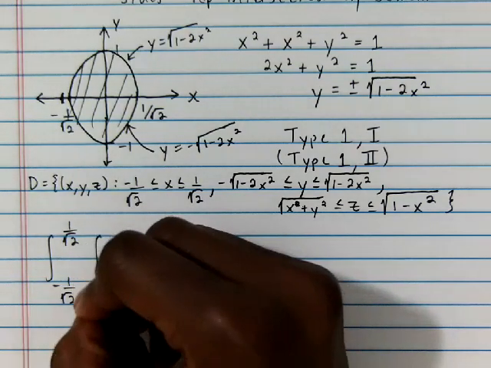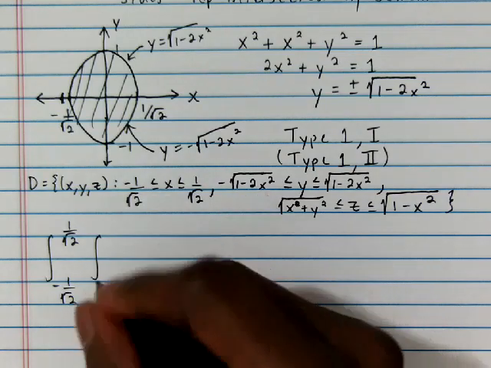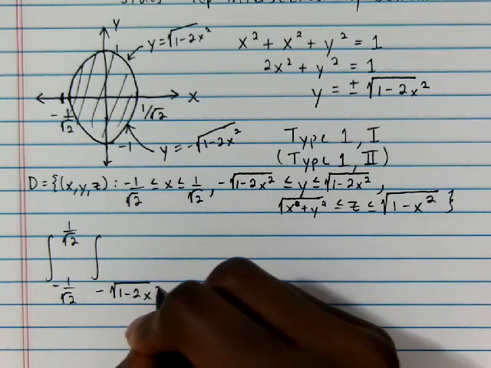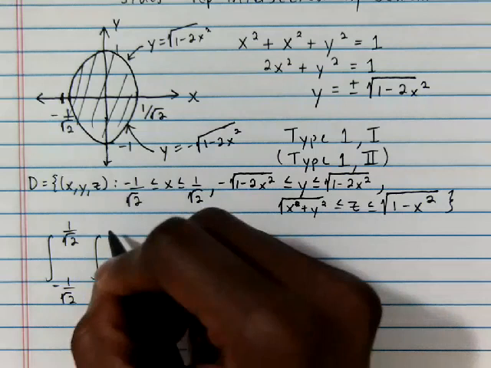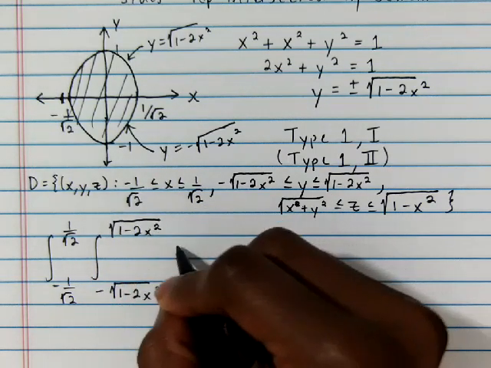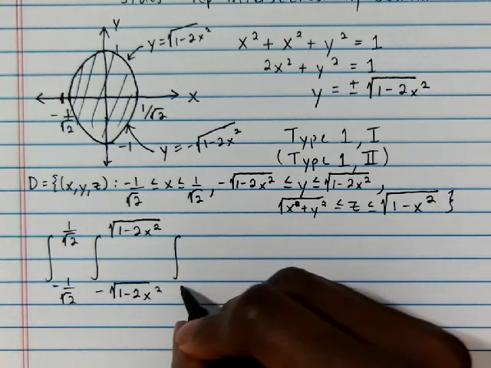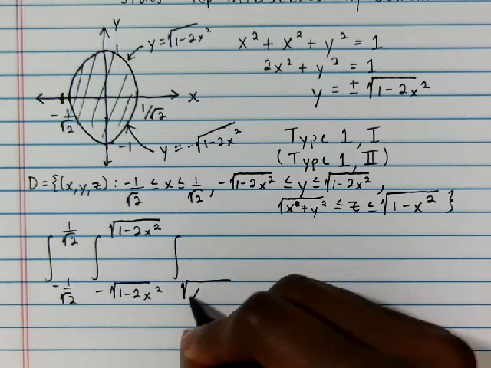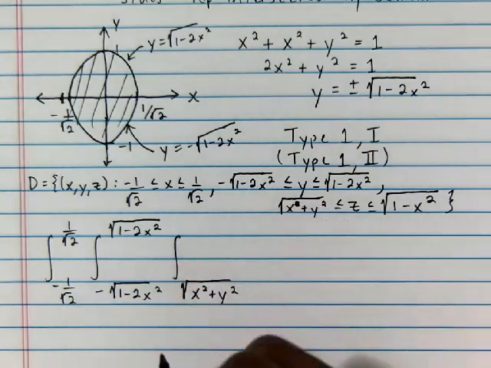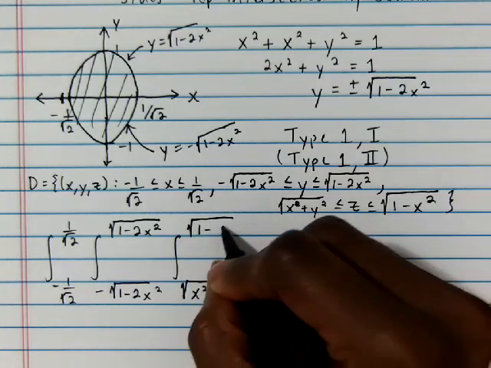And then from negative square root of 1 minus 2x squared up to the square root of 1 minus 2x squared. And then the inside integral, from the square root of x squared plus y squared up to the square root of 1 minus x squared.